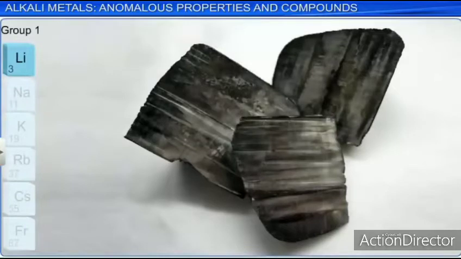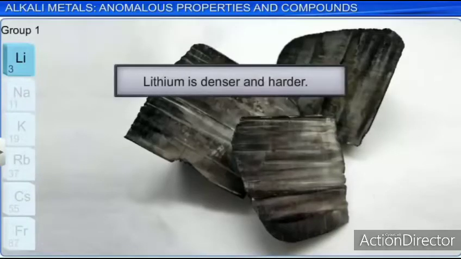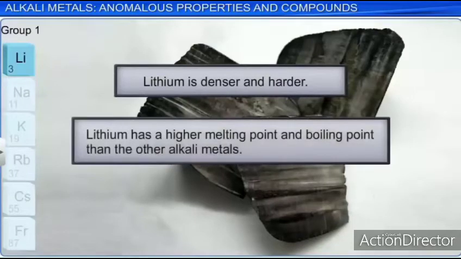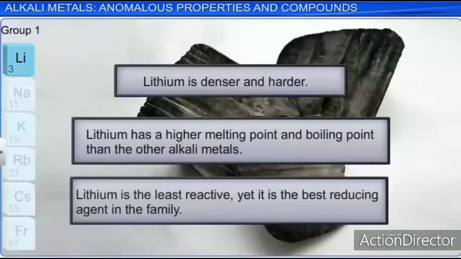It is denser and harder than the other members of its family, and its melting and boiling points are higher than the other alkali metals. Lithium is the least reactive element in the family, yet it is the best reducing agent.